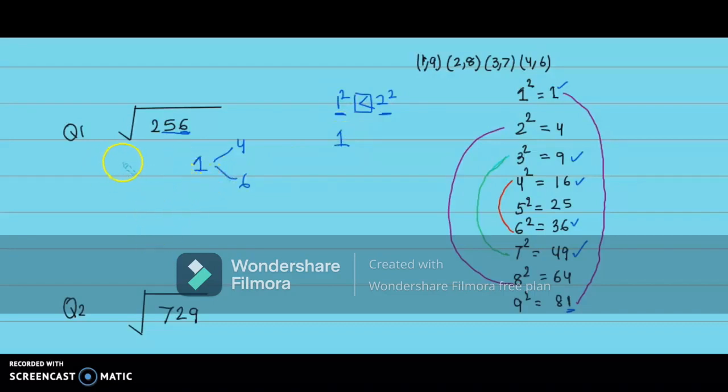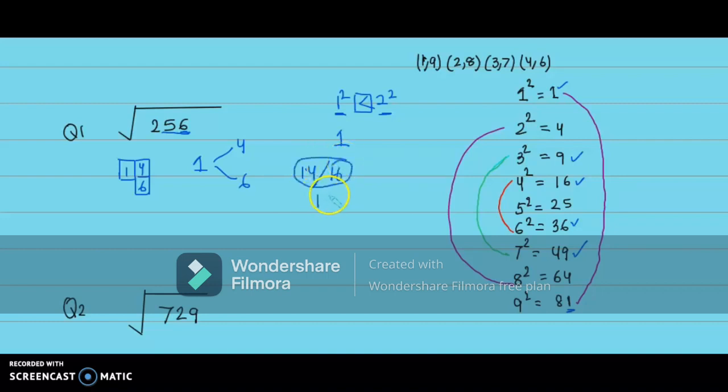So we know that the tens place is definitely going to be 1 and the units place is either 4 or 6. So how do we decide whether the units place is 4 or 6? For that, you need to find the number in between. 14 and 16 are the two possible values.